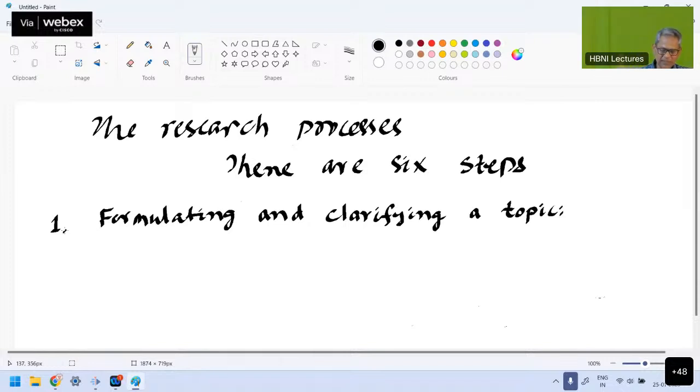You must narrow down your field and be very specific, and it must be the latest. You always take up a research topic which is latest. You have to identify the research question. When you want to be very specific, you will identify the research question. It should not be very broad.